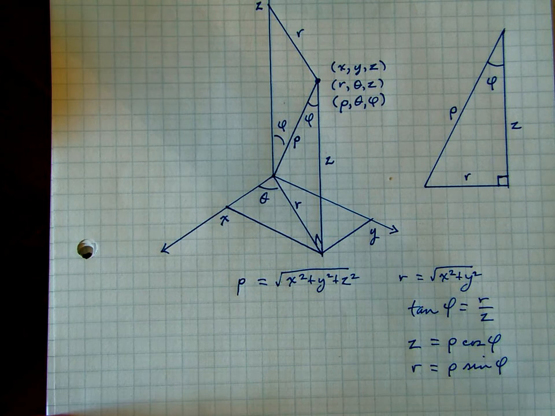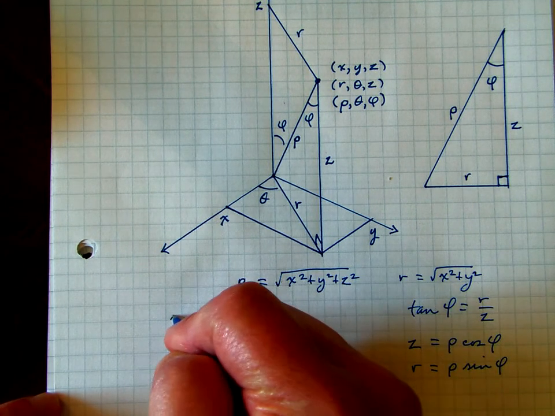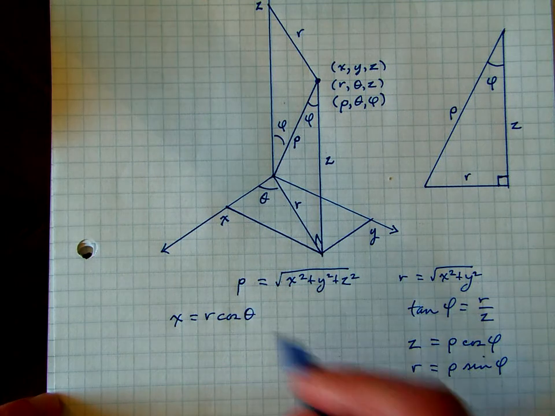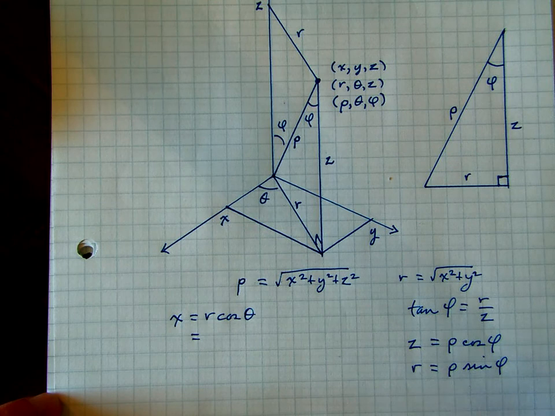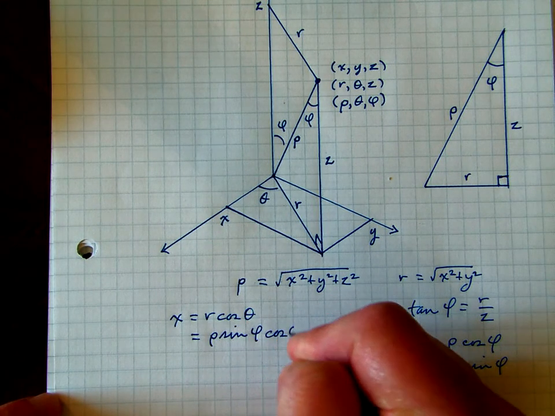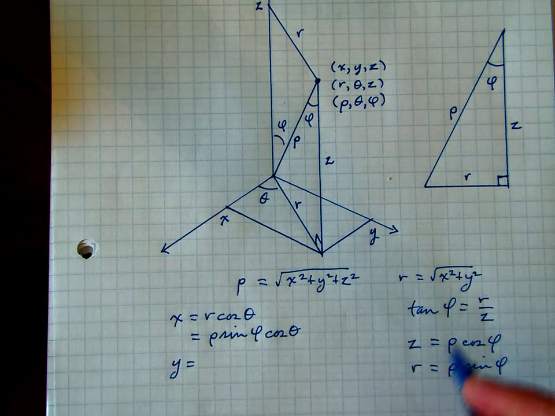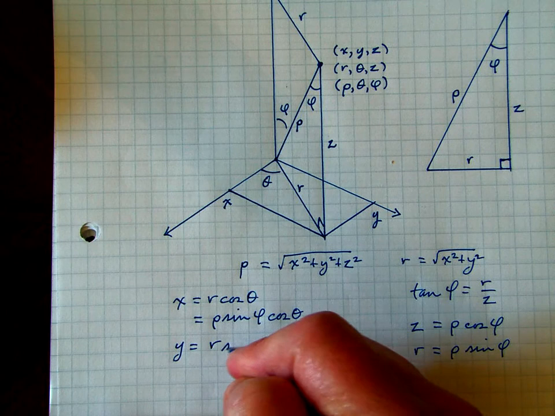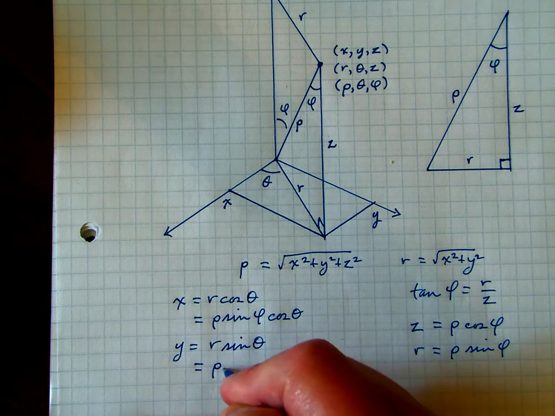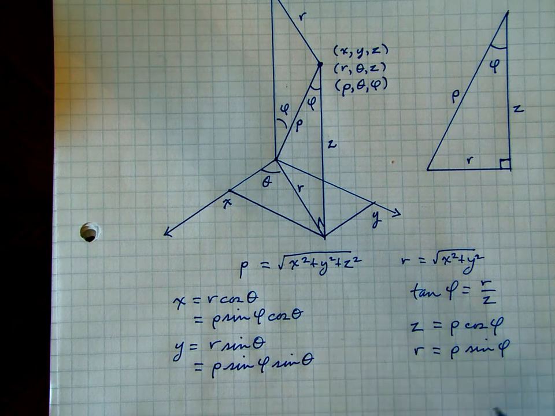What does this tell us? Well, it tells us quite a few things. For example, we know that x equals r cosine theta, and we just found out that r is rho sine phi. So that's how you write x in spherical. y, by the same token, is r sine theta, so it can be rewritten as rho sine phi sine theta.